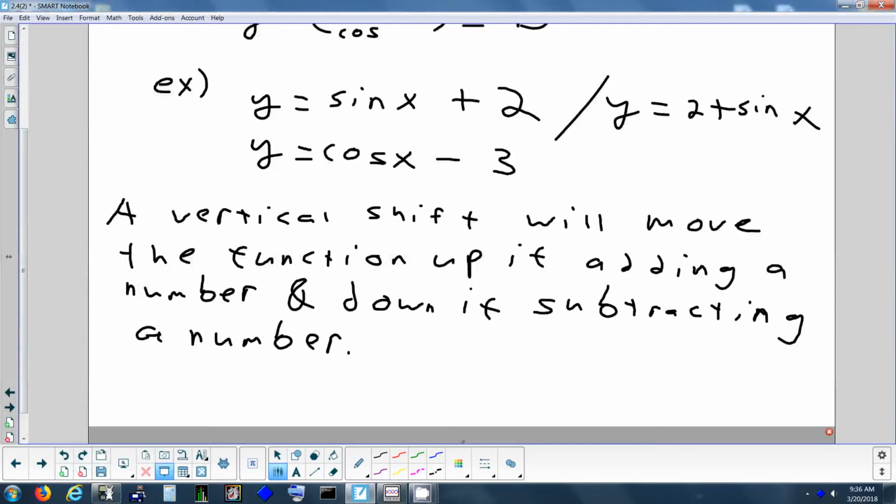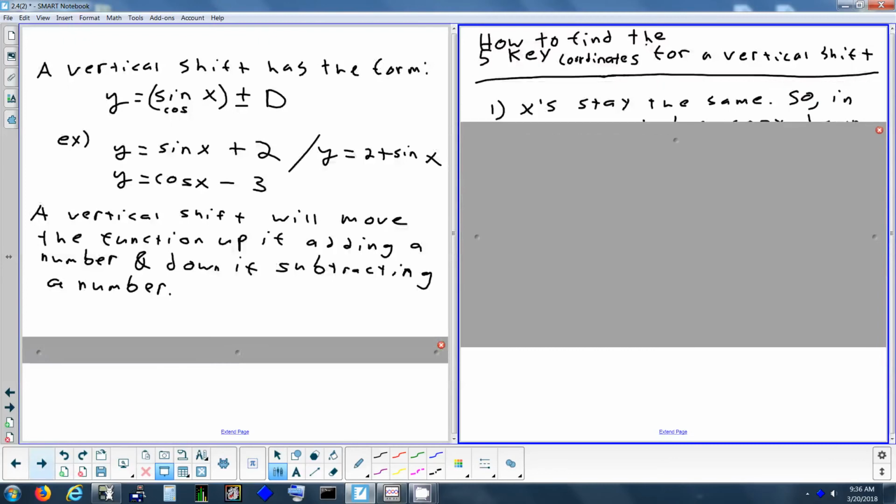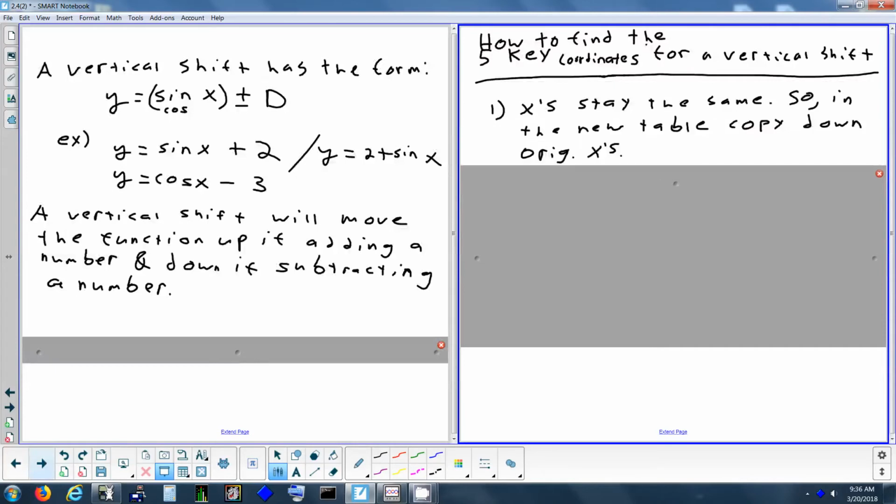And Ryan, if I'm going to be shifting up and down, which values are going to be changed by shifting up and down? Y. The y's are going to change. So the x's are going to stay the same. So when you're looking at how do you find your new table, x's stay the same. So just copy them down. If the x's are going to stay the same, there's only one thing that can change.